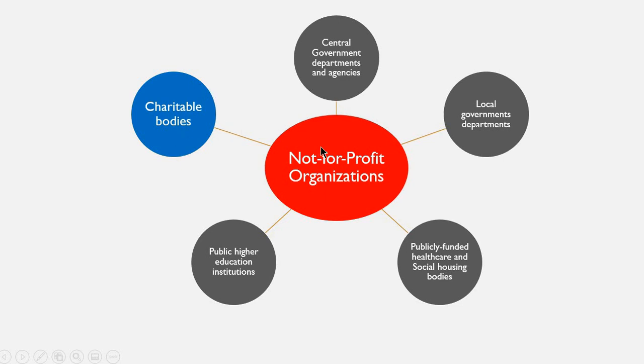Basically, a not-for-profit organization could be a private not-for-profit organization or a public not-for-profit organization. For a public not-for-profit organization, those are the NPOs or NPEs that have governmental functions, just like these four, so they are not-for-profit organizations with governmental functions.